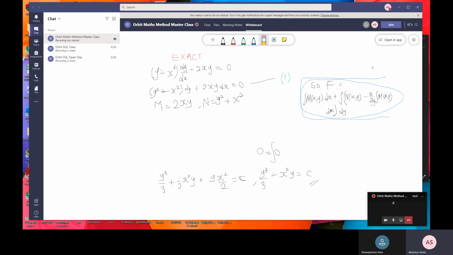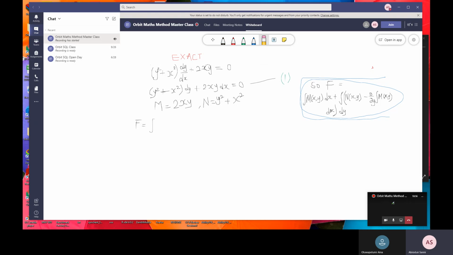So f is my solution. My f will now be equal to the integral of m dx. What's my m? 2xy. I'm going to put the bracket.